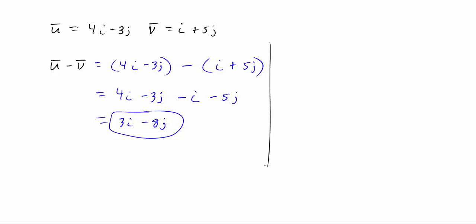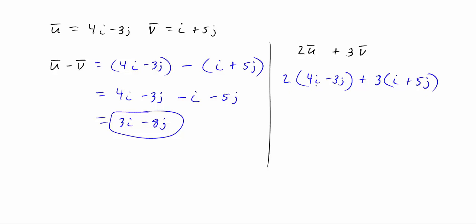And let's say that we were given a problem and we wanted to find, let's say, 2u plus 3v. Well, that means we would have to take 2 and multiply that by u, which is 4i minus 3j, plus 3 times v, which is 1i plus 5j.